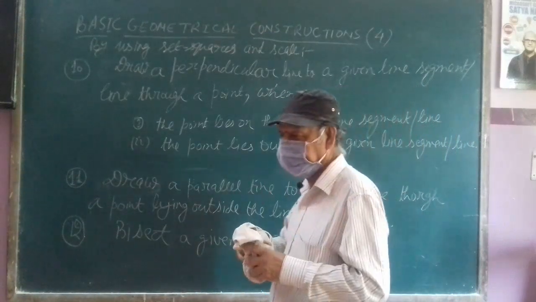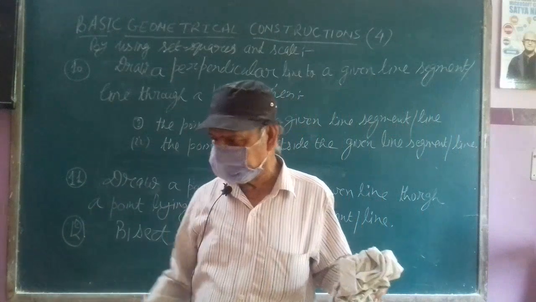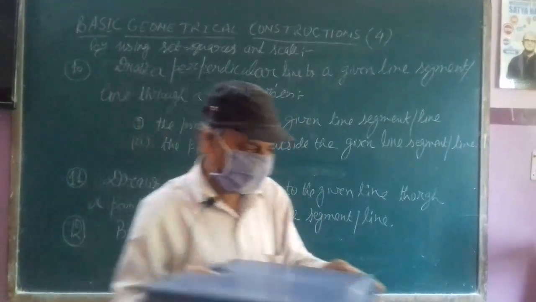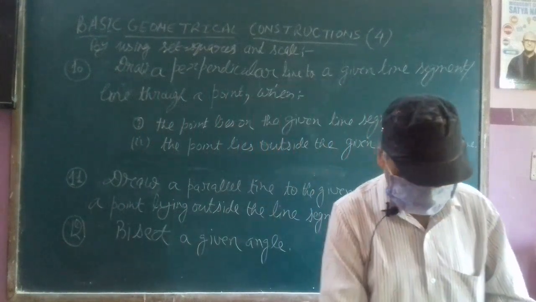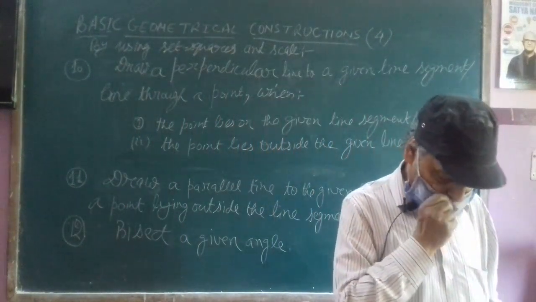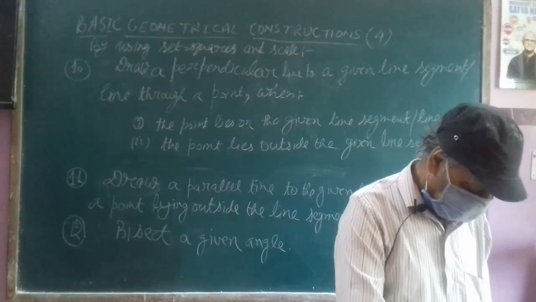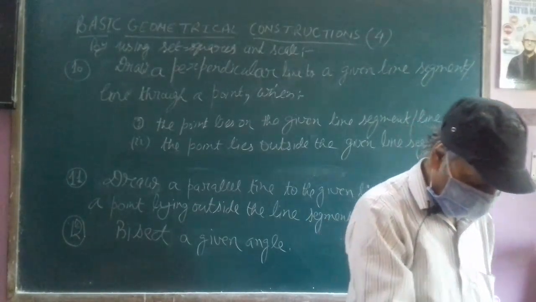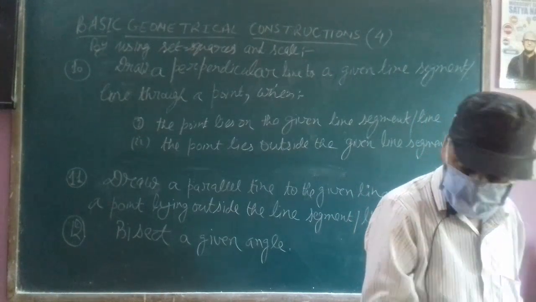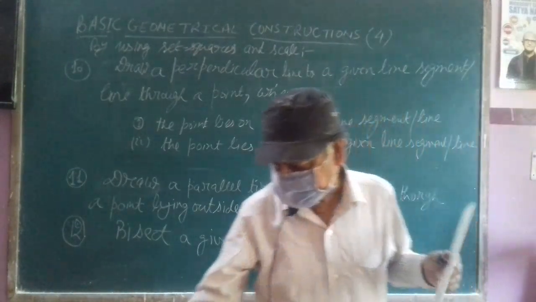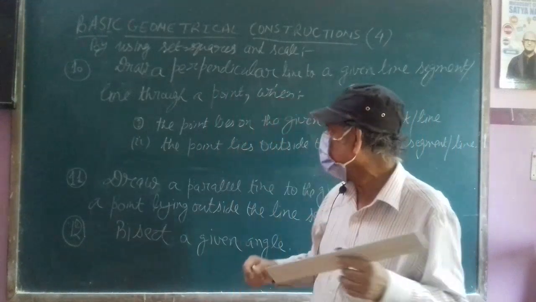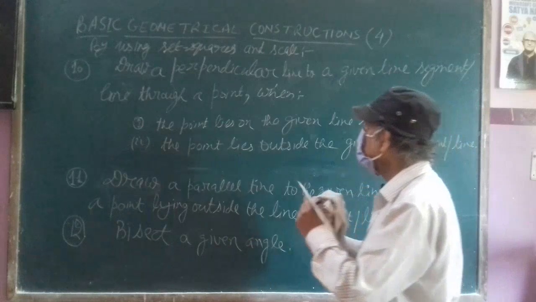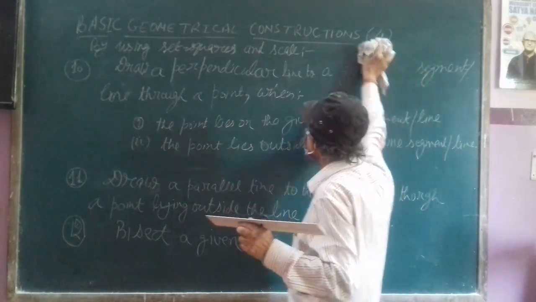I will take a line segment or line, then mark a point on that line segment, and quickly, by using the scale, I will draw a perpendicular to the given line.